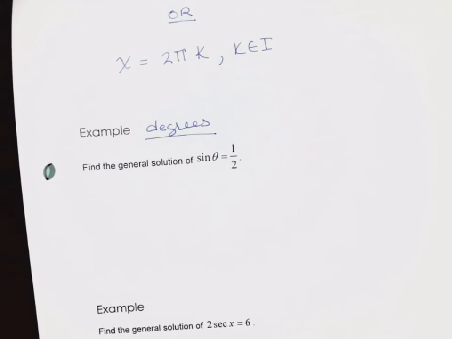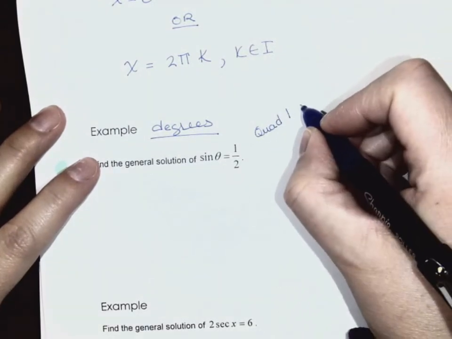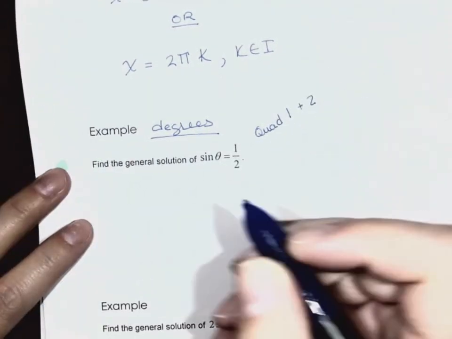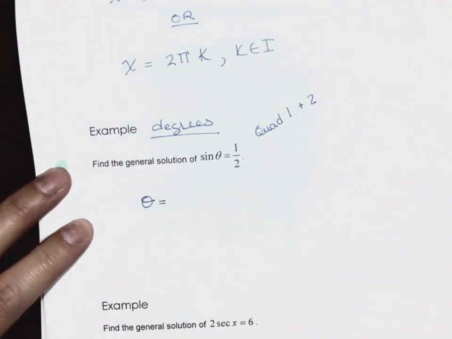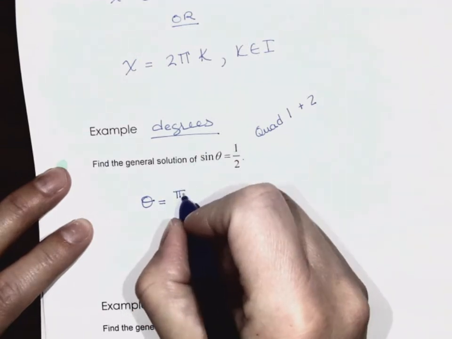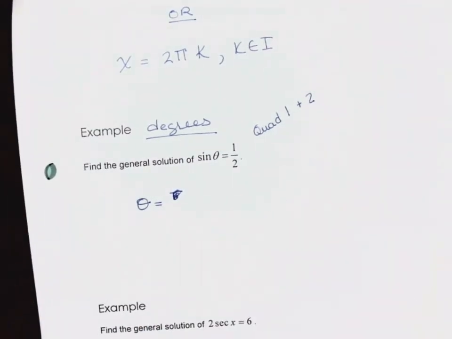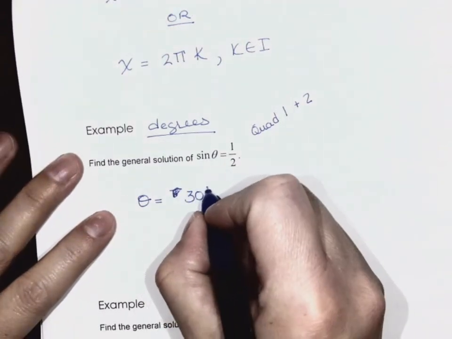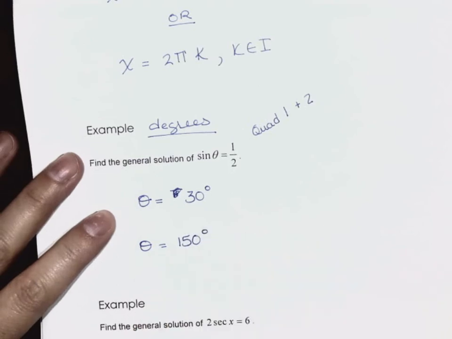So we know our answers are going to be in quadrants 1 and 2. Amber's saying pi over 6. I'm writing it down because we think in radians, but we are doing this one in degrees. So 30 degrees. And then 150 degrees, right?